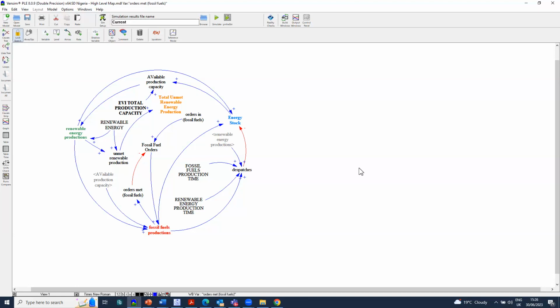Anything that has the first letter capital is a stock. Anything that has all capital letters is a constant, or has no input coming into it. Anything used as a converter, which has an input and output, has the first two letters capital.